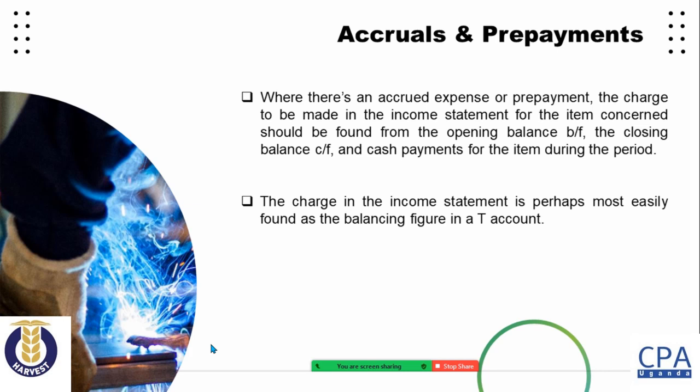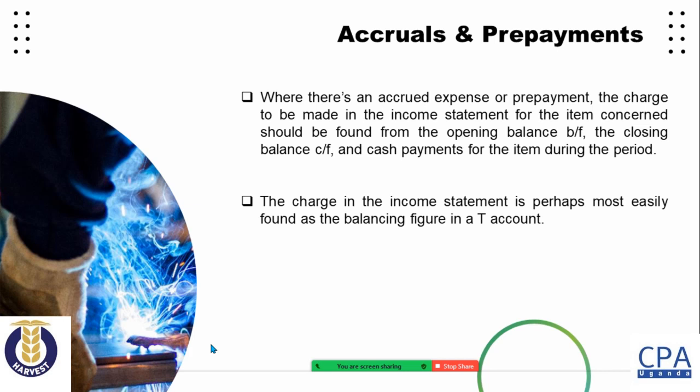And where there is an accrued expense or prepayment, the charge that we are supposed to take to the income statement for that particular item could be, as I've mentioned, water, electricity, and so on. You will determine that figure by reconciling between the opening and closing balances of that item plus the cash payments you made in the period for that particular item.